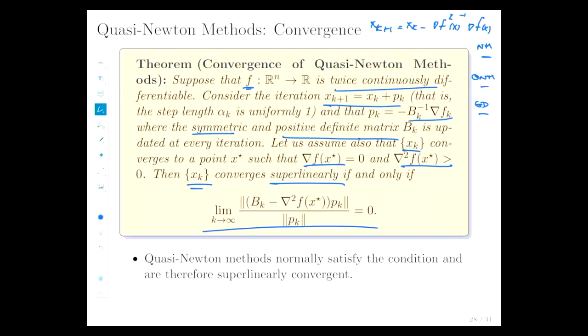Now, an open problem is really to establish, for the general family of functions, the convergence of these quasi-Newton methods. But we know that if they converge, they converge fast. So it's a hole in the literature.